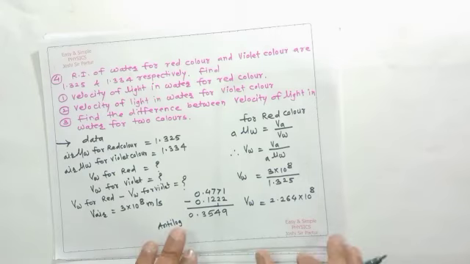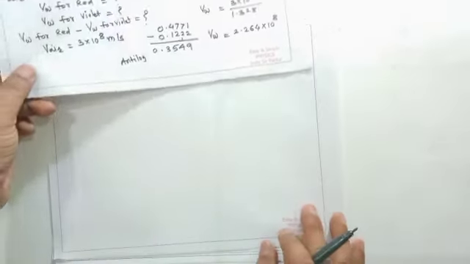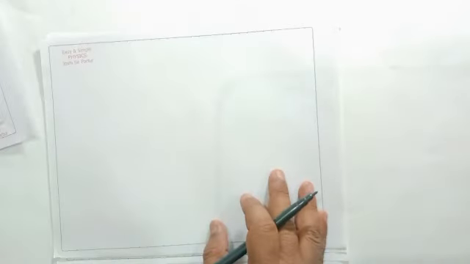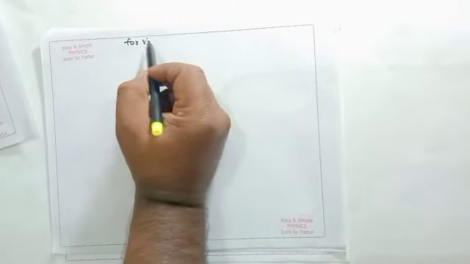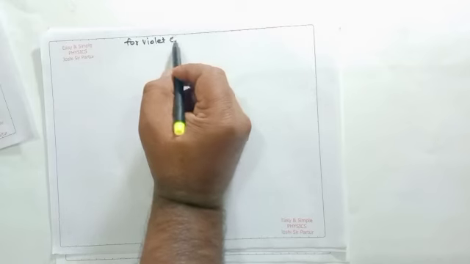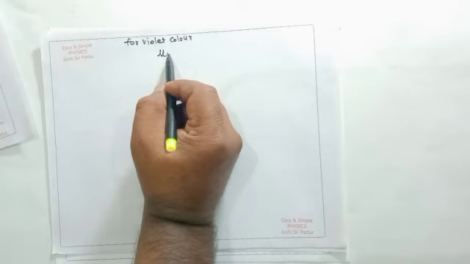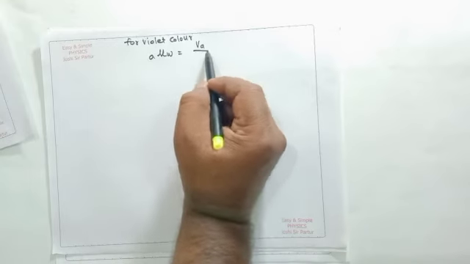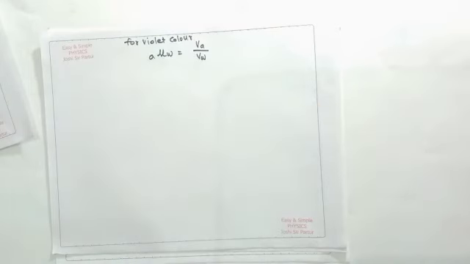Another color is violet color. For violet color, using Snell's law, mu for water with respect to air is equal to the velocity of light in air upon the velocity of light in water.